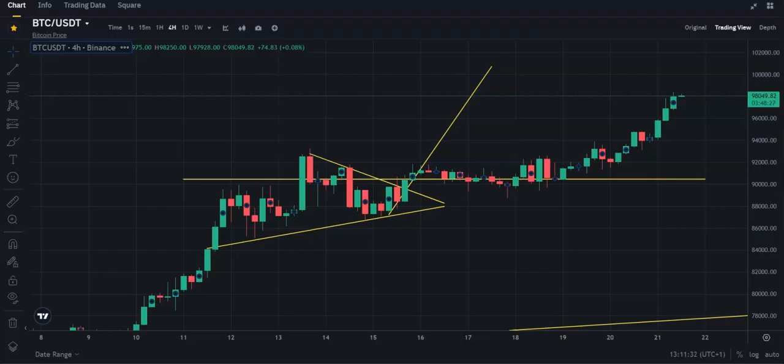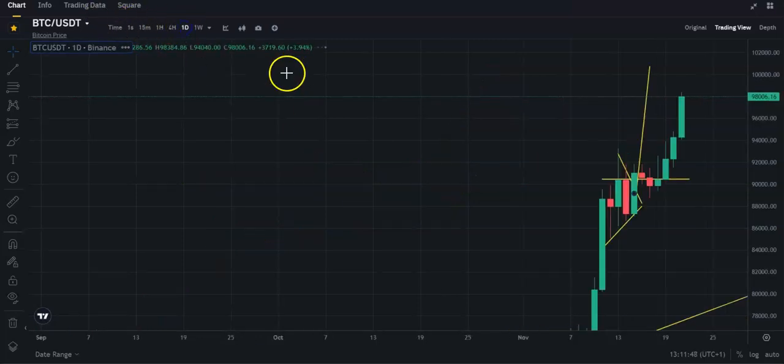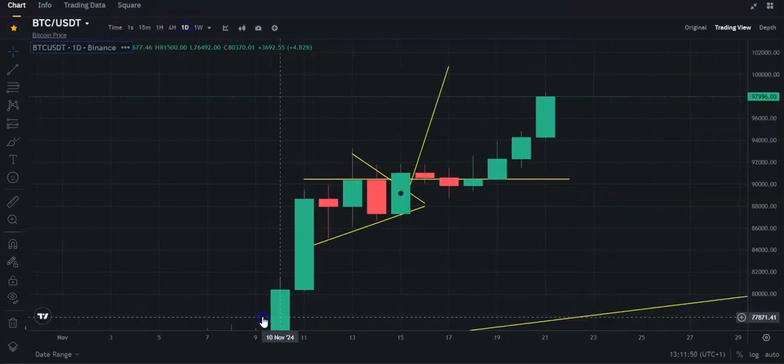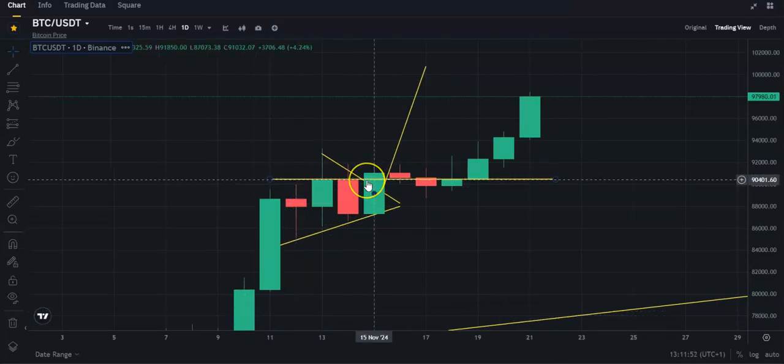Now, taking a quick look here at Bitcoin on the 4-hour chart, guys, you can see that it did break out of this bull flag that I drew on the 4-hour time frame here. It did break to the upside. Almost lost it though, but we managed to get above this little line, which I actually drew on the daily time frame last week, and I said if we did close a candle above it, which was last Friday, and we did, that we would probably see continuation.